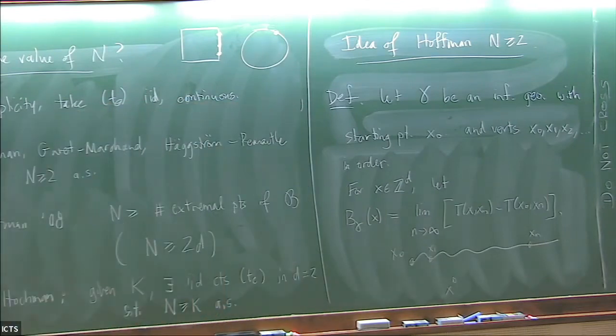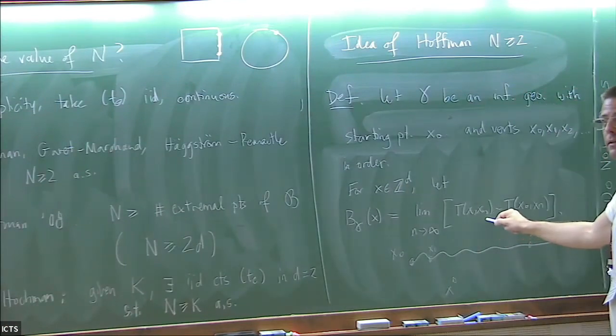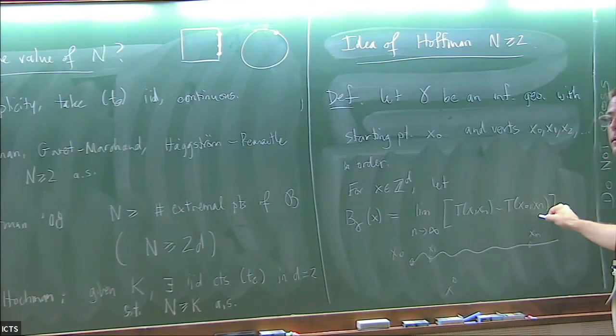Okay, so let me move down here. Oh, I see. So it's the limit as n goes to infinity of T(x, xn) minus T(x0, xn).